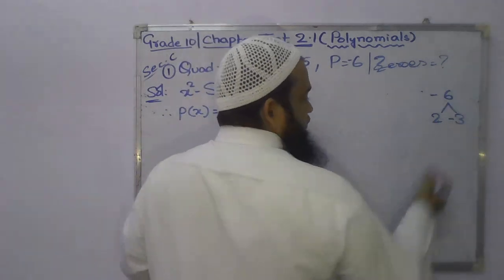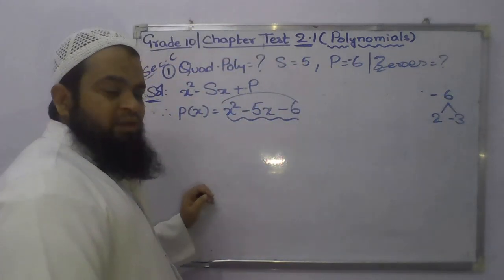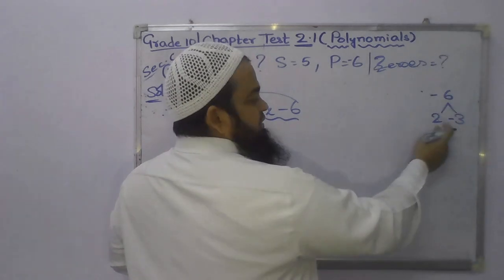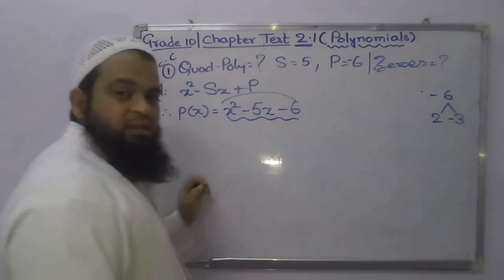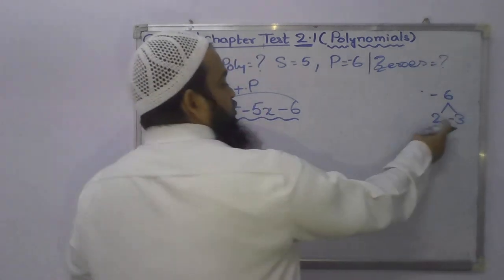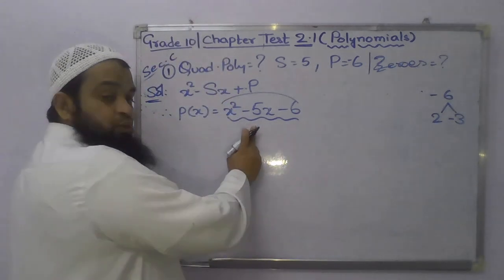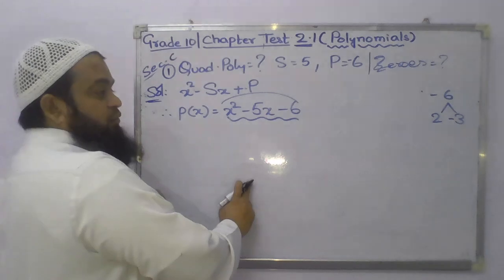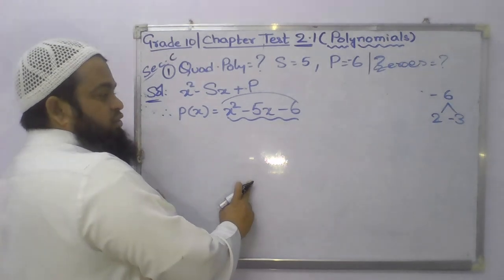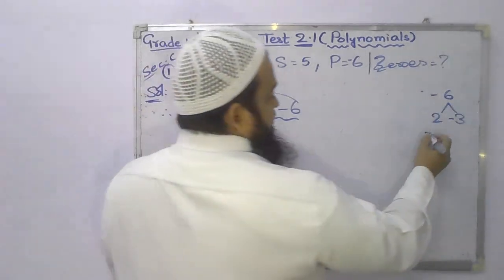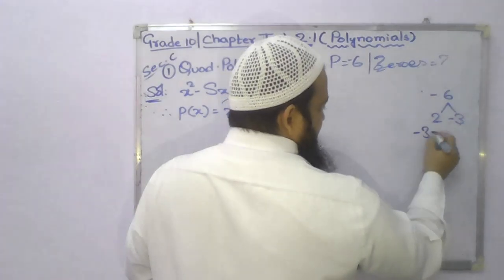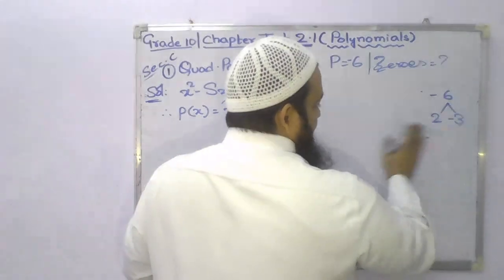When I keep negative with 3, 2 threes are -6, but when I add these two, 2 - 3 becomes -1. So it is not getting satisfied. When I subtract these two, it will not work out.